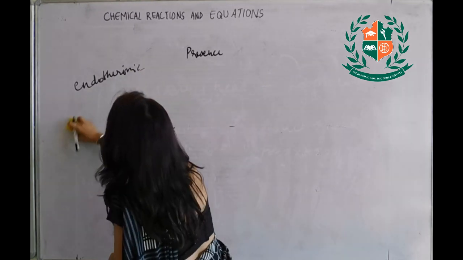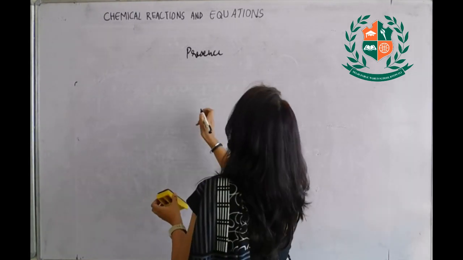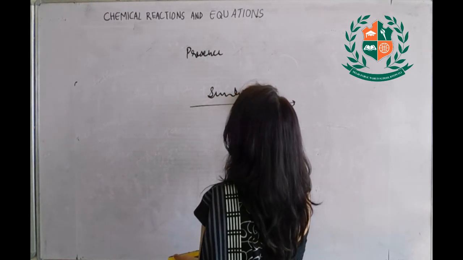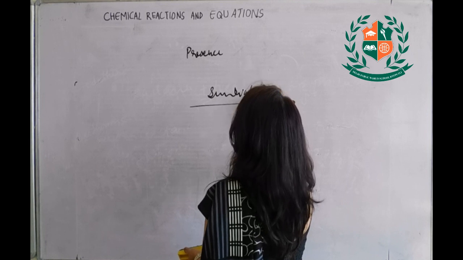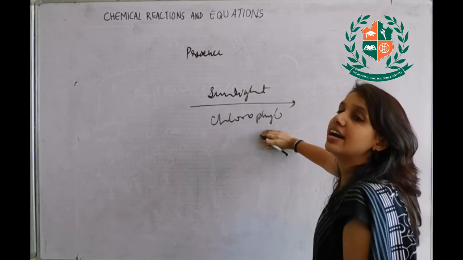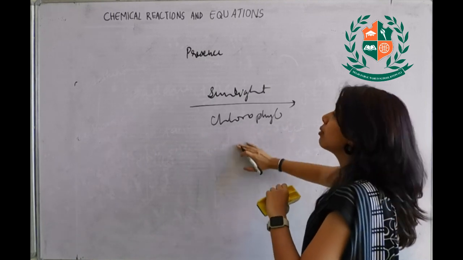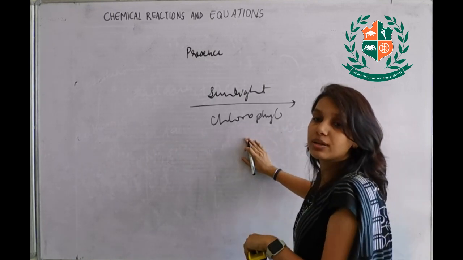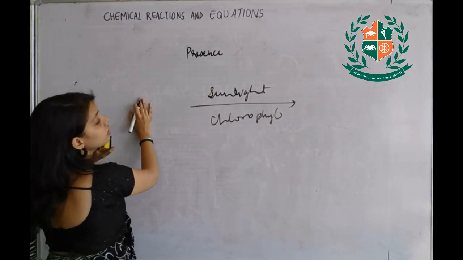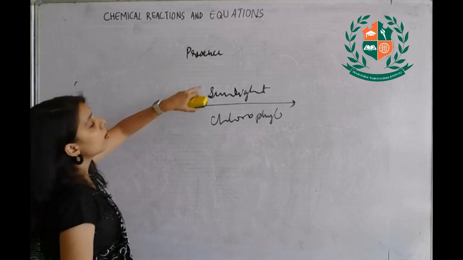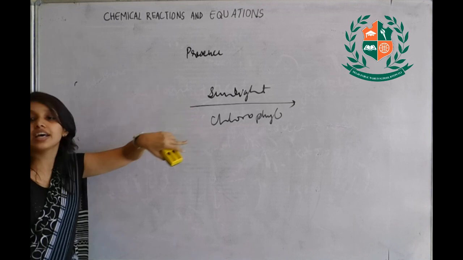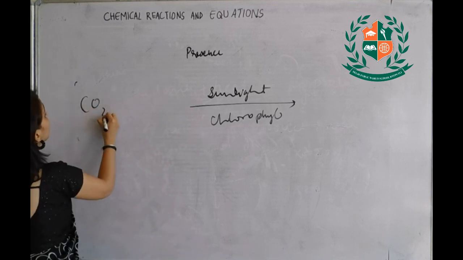For example, photosynthesis takes place in the presence of sunlight and chlorophyll. So what situations are necessary, what conditions are mandatory for any reaction to take place, we write above and below the arrow, the conditions required for that particular reaction to happen.